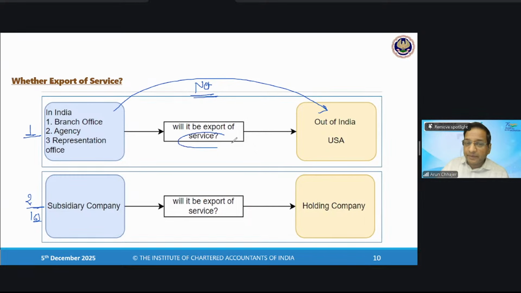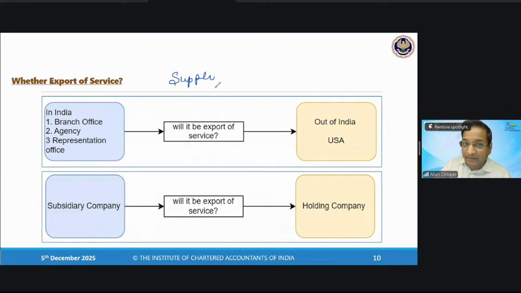But will it be a supply? Obviously, yes. Does this Indian party have to pay the tax? Let me answer in this way. Is it a supply or not? The answer is yes, it is a supply. Now, is it zero rated supply?